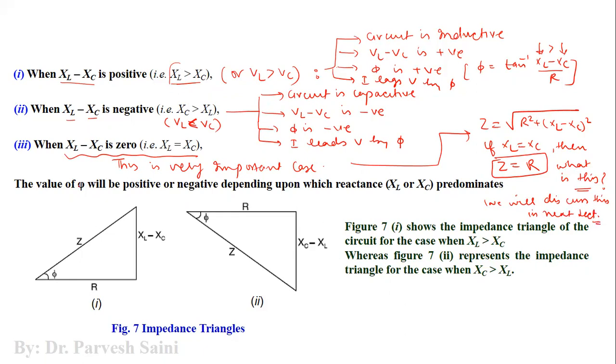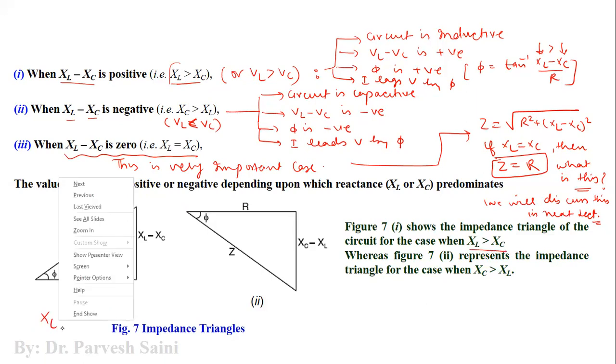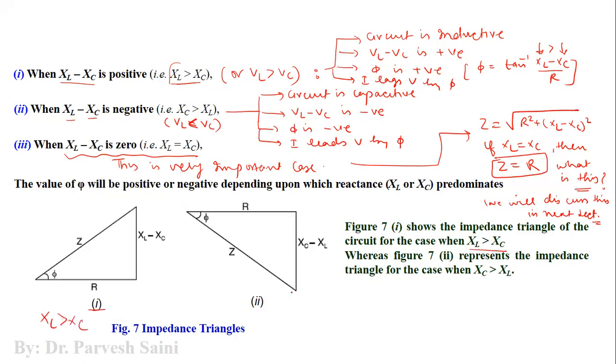Right? Now, let us come to the impedance triangles. This is the case when your XL is greater than XC, and this is the case when XL is less than XC. Here XL minus XC is greater than 0, that is positive. Here XL minus XC is less than 0, that is negative.